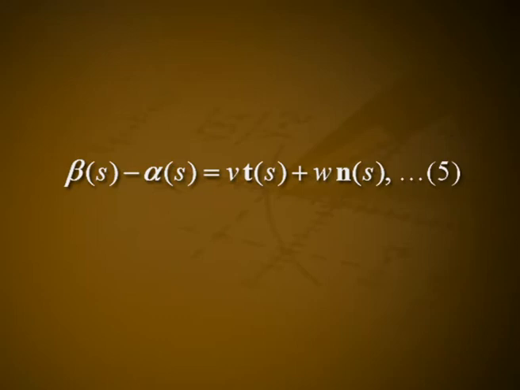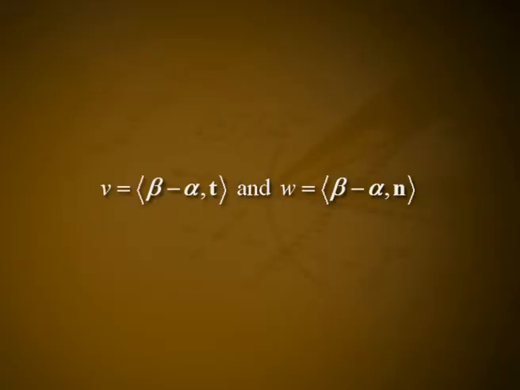The curve β(s) is not a unit speed curve unless α is a circle. We have β(s) − α(s) = V T(s) + W N(s). Equation 5, where V = ⟨β − α, T⟩ and W = ⟨β − α, N⟩.